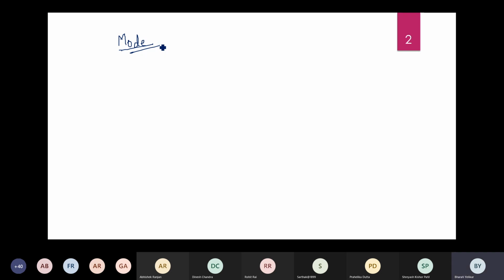Have you written? Mode defines the most frequently occurring value in a data set. In some cases, this data set may contain multiple modes also. We'll see an example, but it can happen.